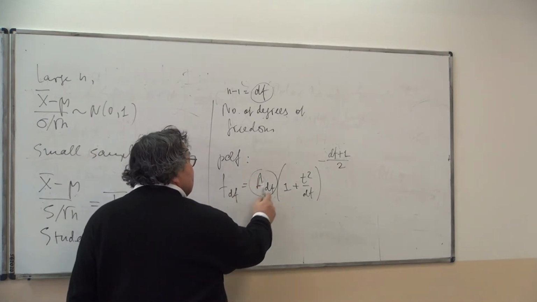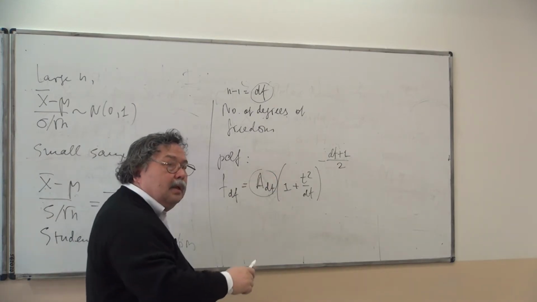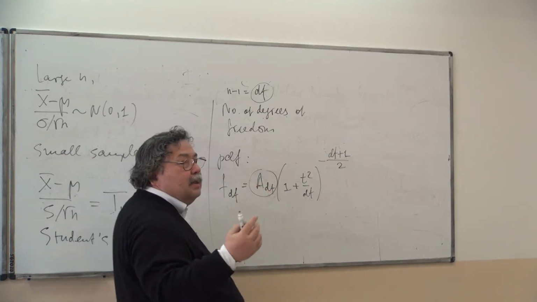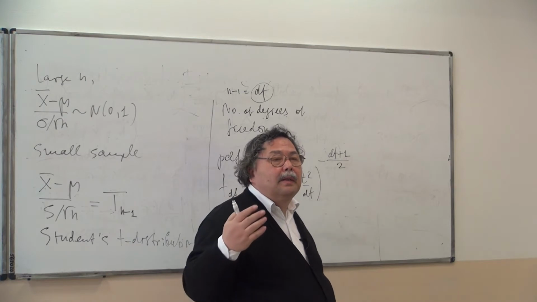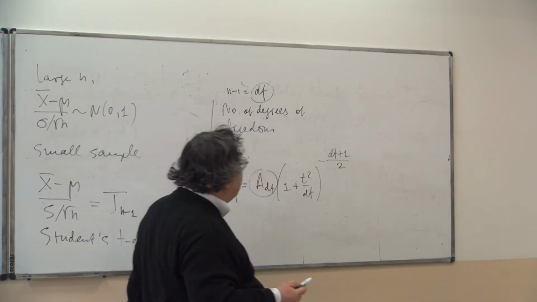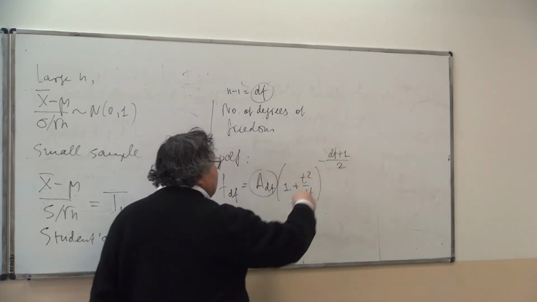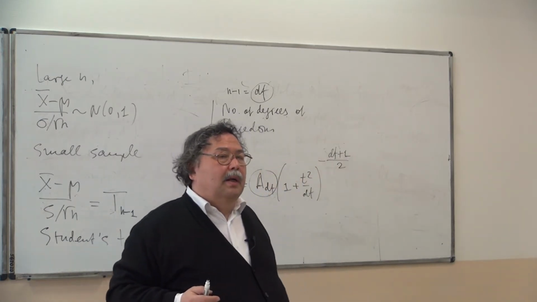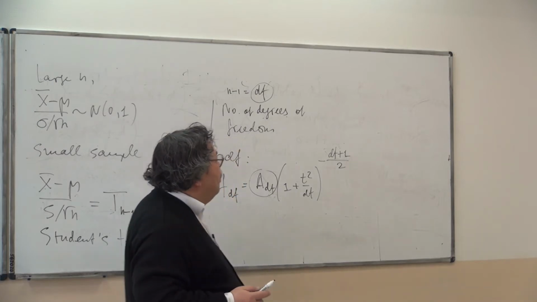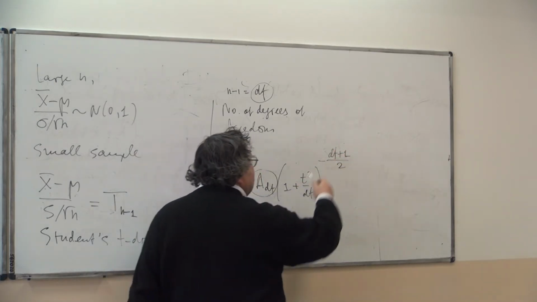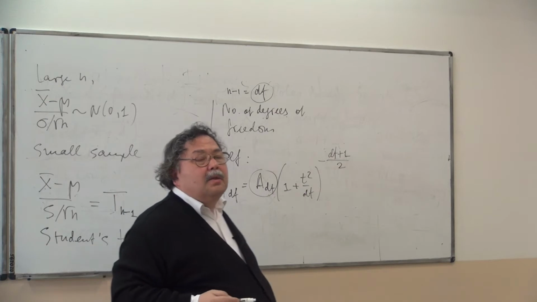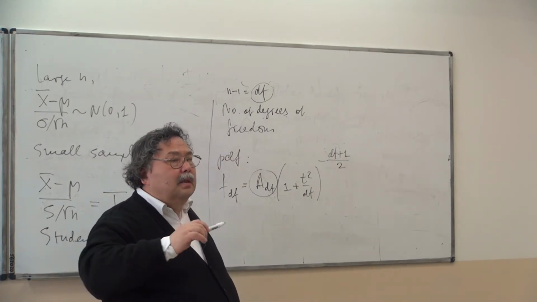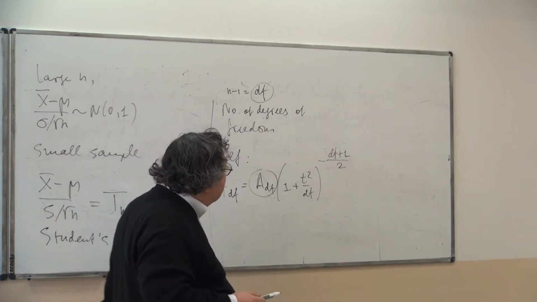What's important is this. This is a constant. This constant is a separate constant for every number of degrees of freedom. And if you look at the structure of this, you will notice that this is a rational function. Also, because this exponent is negative, this rational function approaches 0 when t approaches positive infinity or negative infinity.